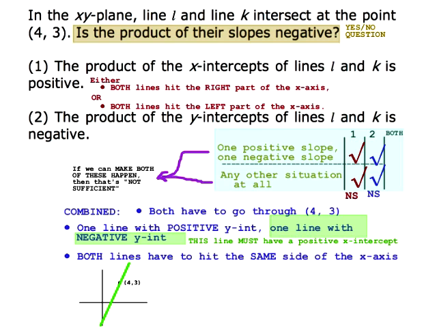What do we know about the other line then? So we got this line here. The other line, the line we haven't drawn yet, has a positive x-intercept because it has to, and then it has a positive y-intercept because statement 2 says so.